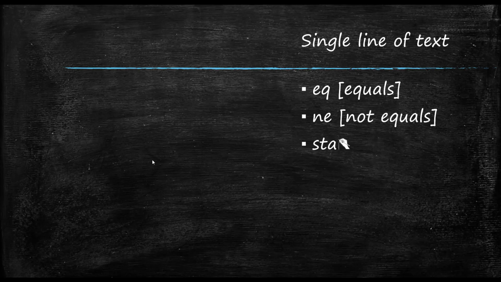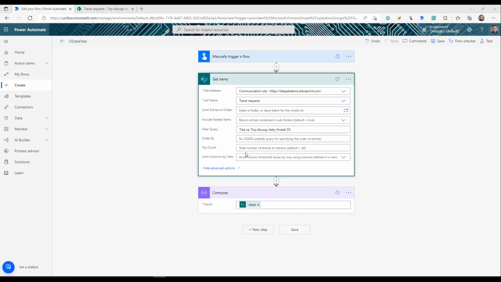Next, we will move to starts with. So starts with is nothing but you are trying to say that you are not going to give the entire text of the matching column that you are trying to filter on. Instead, you are just saying that, okay, if anything starts with that particular text, give me that information. Okay, so to use the starts with, now you need to change the syntax a little bit.